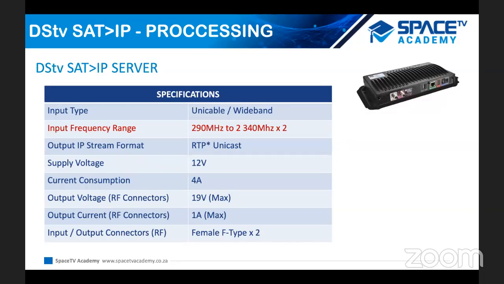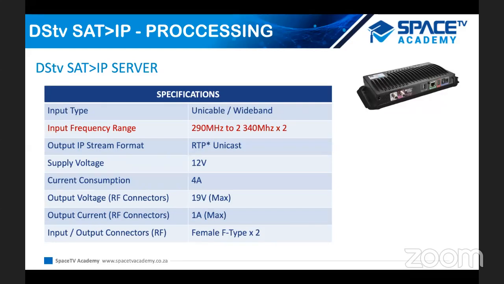It does not receive a legacy input. The input frequency is obviously wideband 290 to 2340 on our wideband spectrum. The output IP stream format of the DStv SATIP server is RTP, real-time transport protocol, and it's in unicast, which is important. Just remember unicast, we're going to talk about that now.